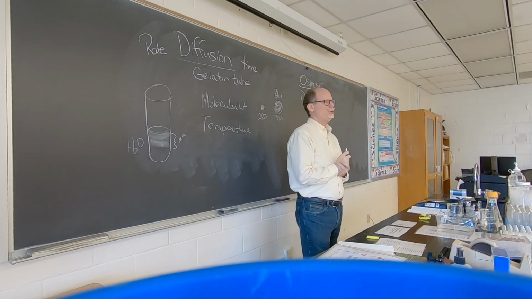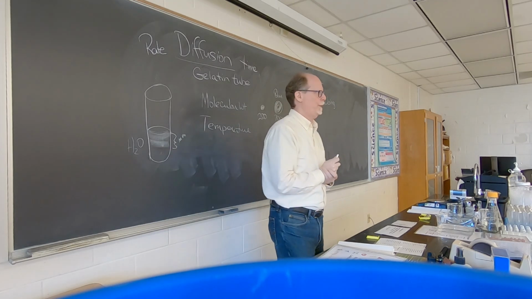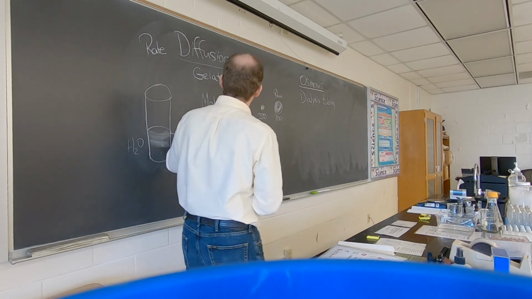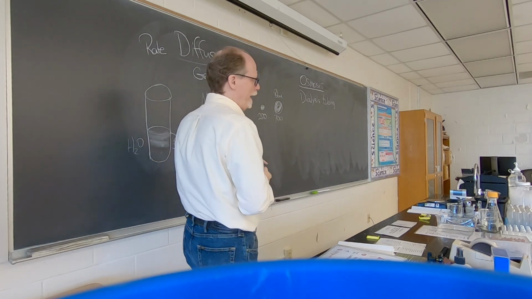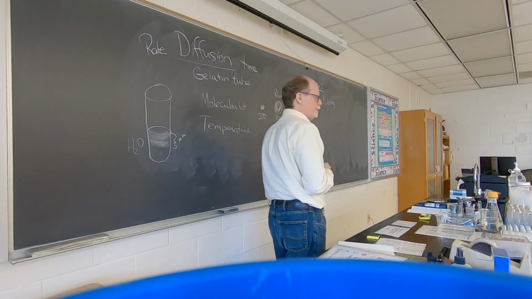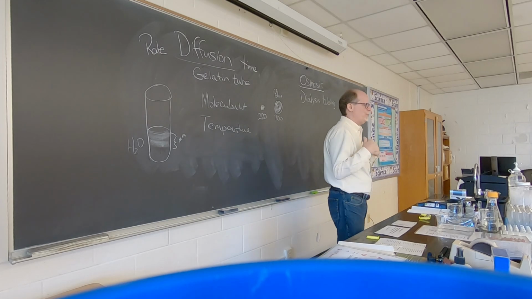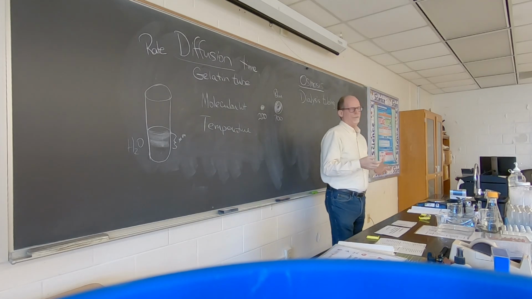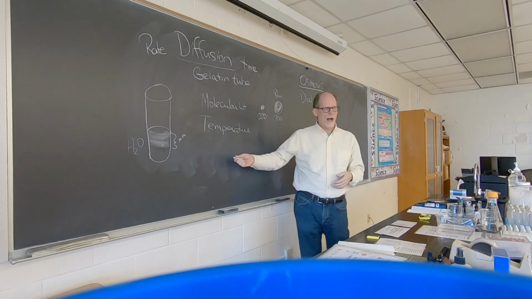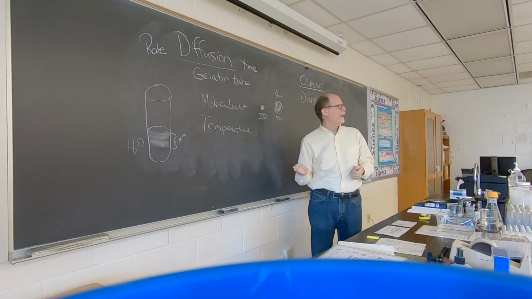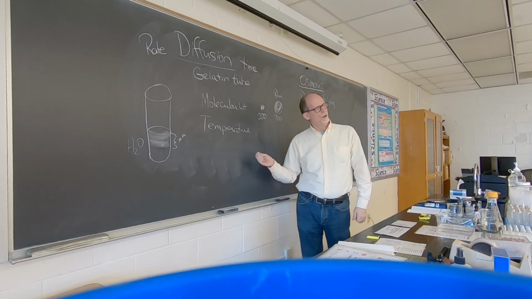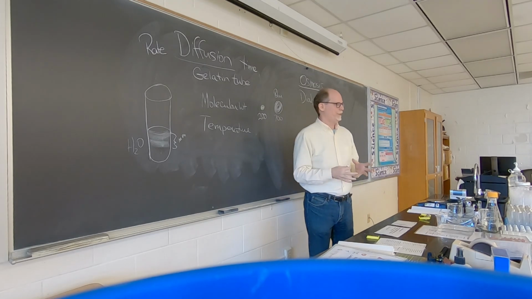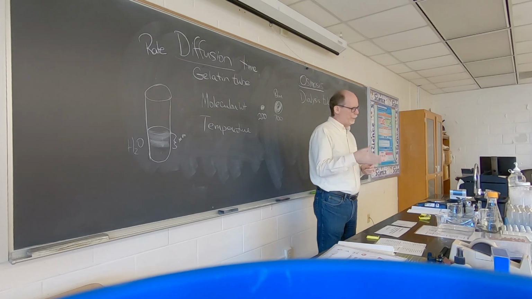So those are the two concepts that you want to learn. It's a good idea to have a rough idea of what diffusion is, right? That things tend to want to go from high concentration to low. If you want to go from low to high or concentrate something, then you need to put work or energy into the system, whatever that might be.